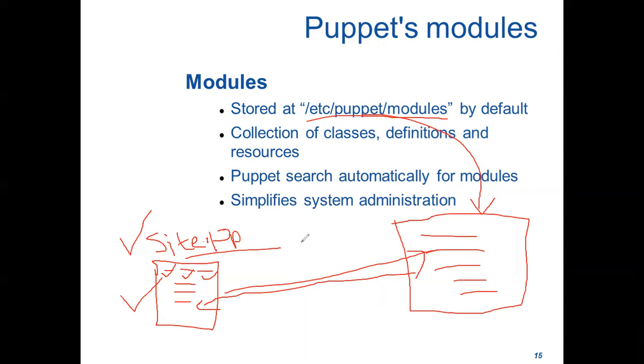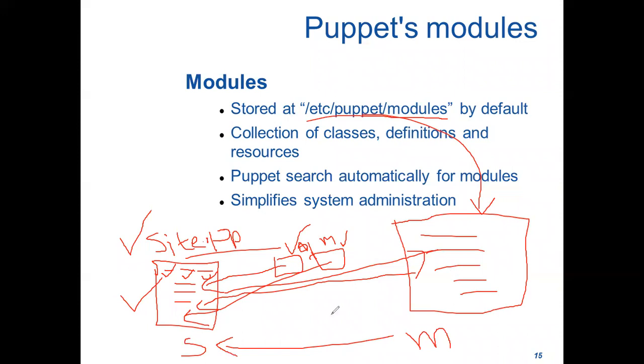Likewise, you can write separate PP files and call those PP files also. That is also possible. These are all different practices, but the best practice is the one which I am talking about: write modules, write site.pp, and call those modules into this site.pp. It is the best and most effective way of managing your environment in Puppet.